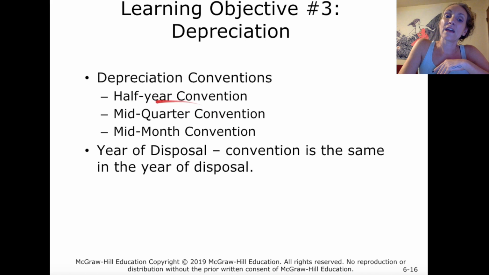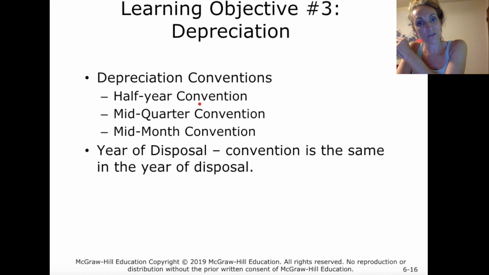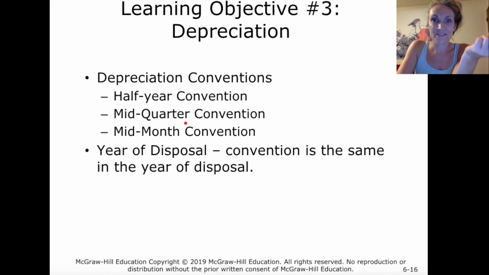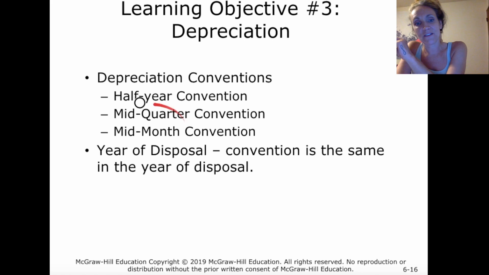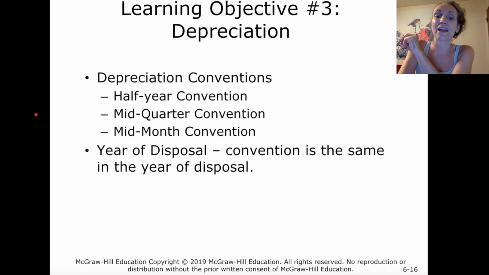This means that you get a half year in the year that you started using the asset for business, and in the year you stopped using it for business or sold it or disposed of it, you get a half year. When you use mid-quarter, in the year that you started using the asset for business, you get half a quarter of depreciation. In the year you stop using it for business, you get half a quarter of depreciation.